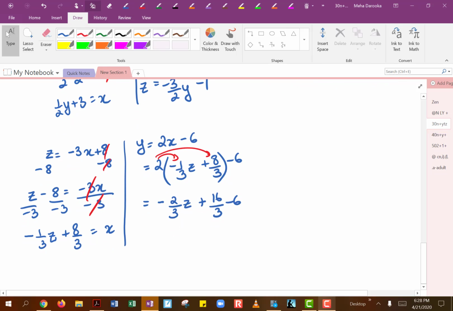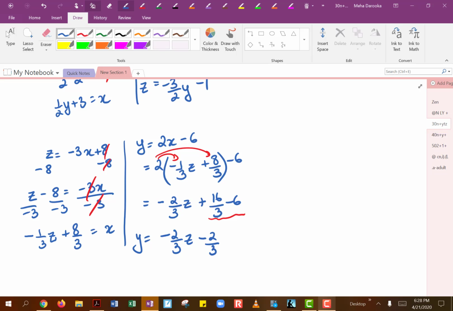And of course you would need to go ahead and combine these two, simplify that, and we should end up getting y equals negative 2/3 z minus 2/3. I'll let you guys go ahead and simplify that.